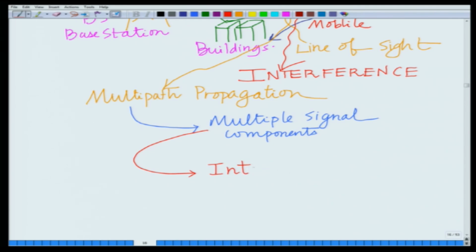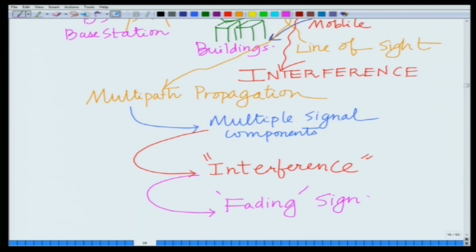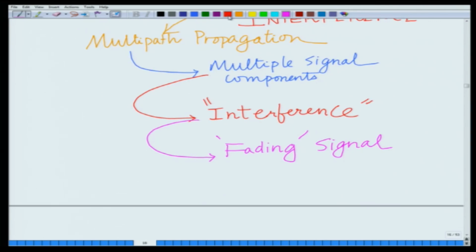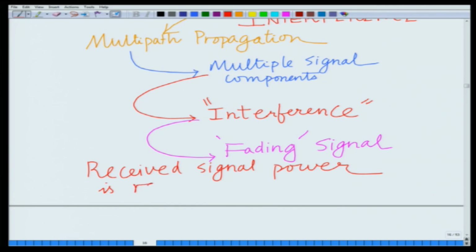This is known as multipath interference. This leads to interference, and because of interference the received signal is fading. This leads to a fading signal, and as the signal is fading, the received signal level or received signal power is random.